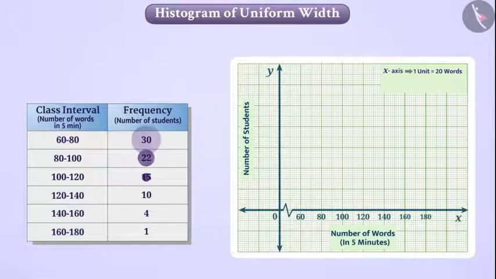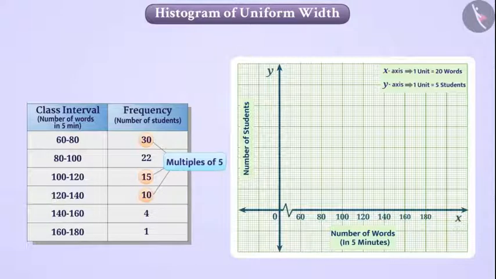To show the number of students, we also have to take the appropriate scale on the y-axis. Here, a suitable scale would be one that lets us properly represent the smallest number 1 and the largest number 30. We can take the scale for the y-axis as 1 unit is equal to 5 students. Since the numbers 30, 15 and 10 are multiples of 5, it would be easy to represent them.